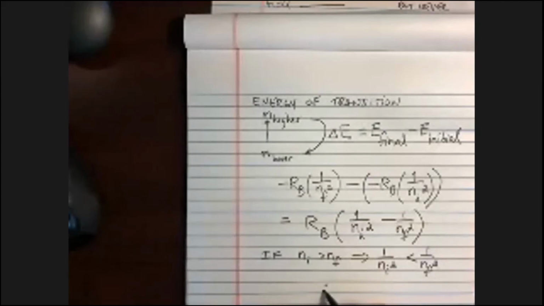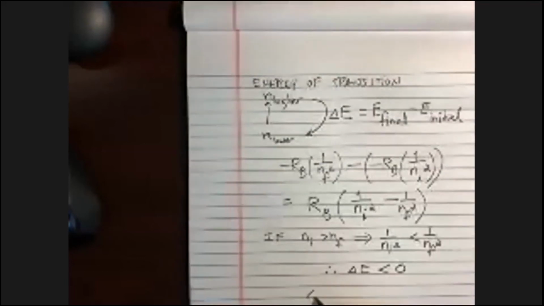And therefore, the energy change is going to be negative. In other words, energy is being released. That is the energy that is going to be captured by our photon.